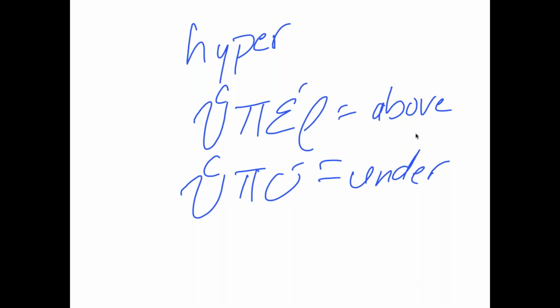Okay. So I was just discussing how the upsilon is the root for some English words. Hyper and hypo, those prefixes, come from the Greek words huper and hupo.